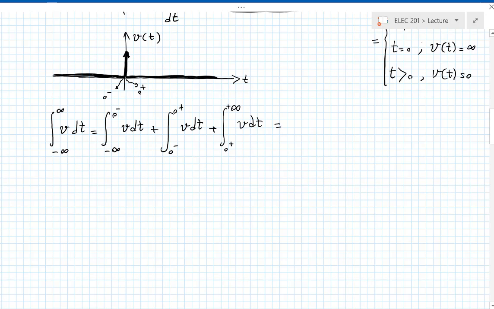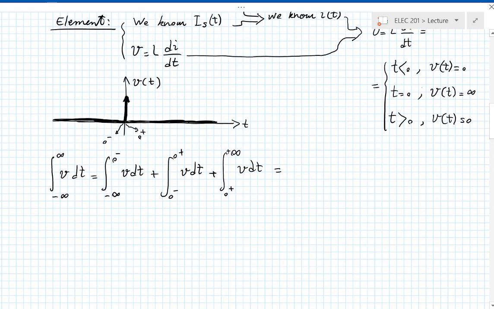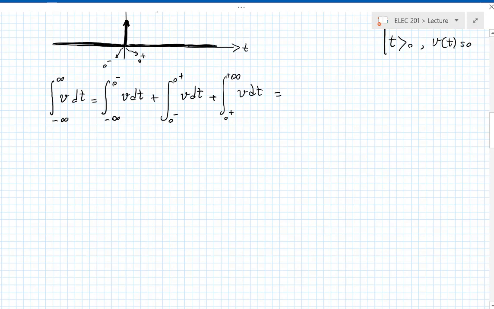Now, what is the integral of v dt from minus infinity to 0 minus, just before the vertical axis? It's a constant, which happens to be 0, because it's the area under that curve, right? So that's 0. And the same thing for the other side. So it's really 0 there and 0 on the other side, but you have what's left in the middle.